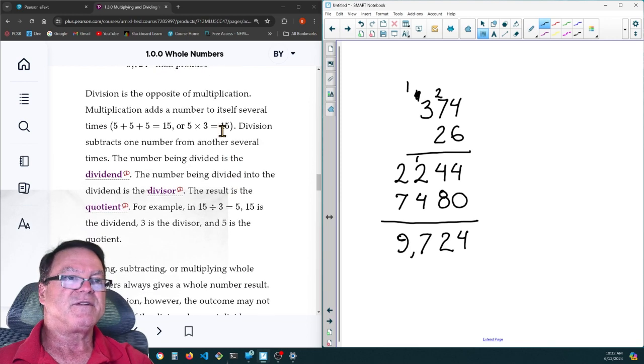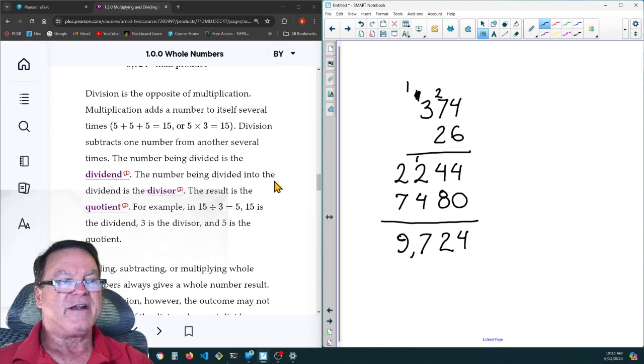Division. Let's talk about division. Division is the opposite of multiplication. Multiplication adds numbers to itself several times. 5 plus 5 plus 5 equals 15. 5 times 3 equals 15. Division subtracts one number from another several times. The number being divided is the dividend.